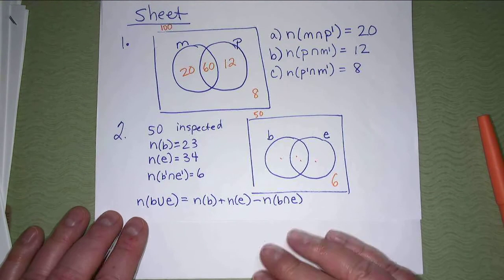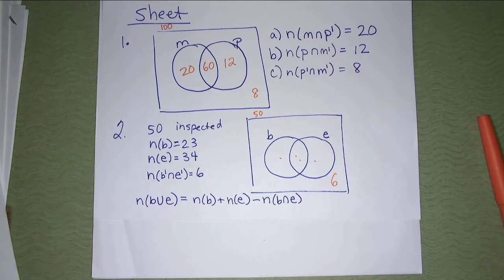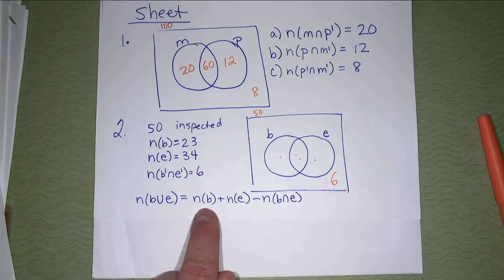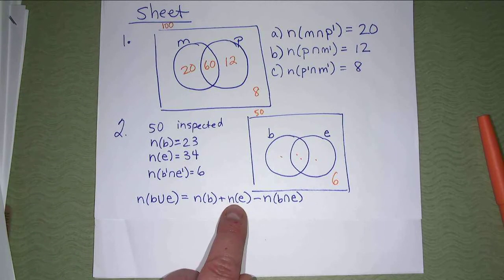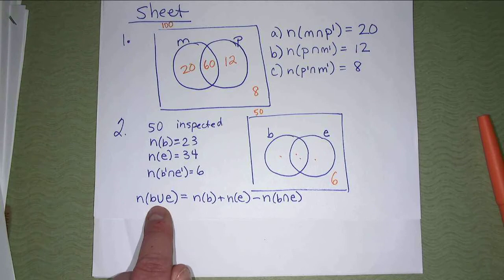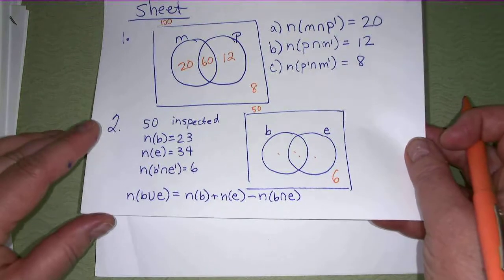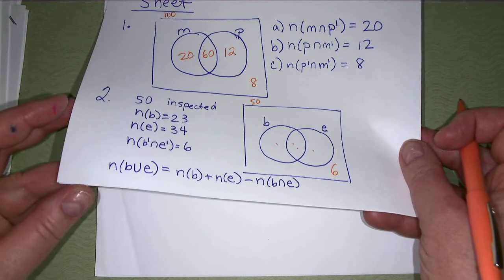They're not given explicitly, but it's easy to find. We know B and E. They were given. The union wasn't given. The union is not 50. What's the union? No, that's the intersection. And that wasn't given either.